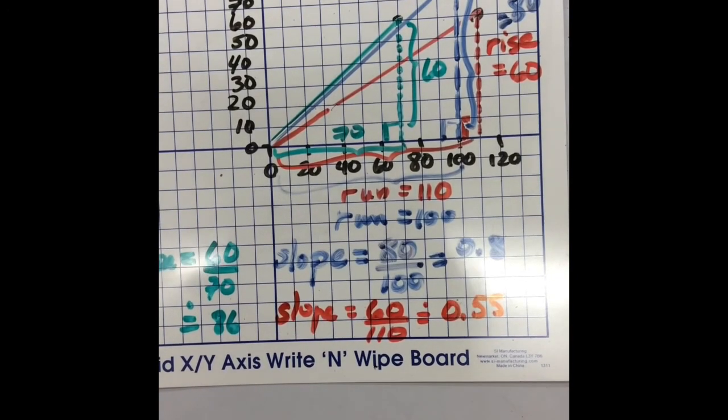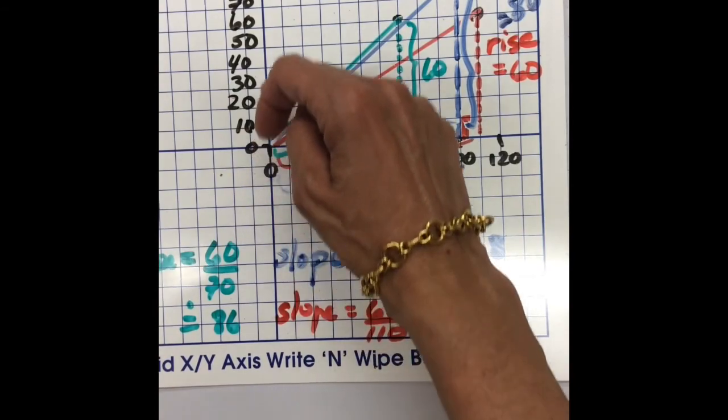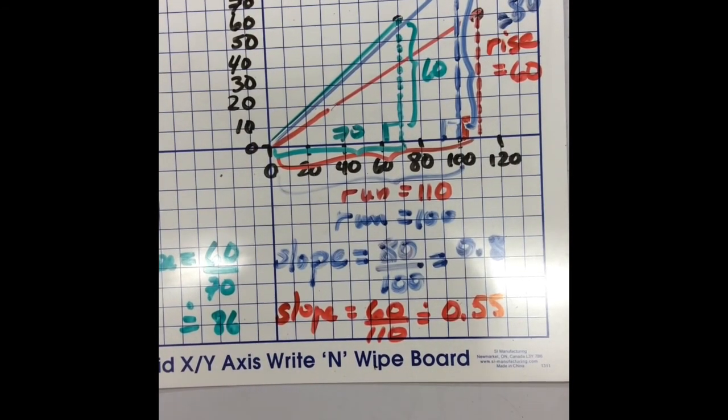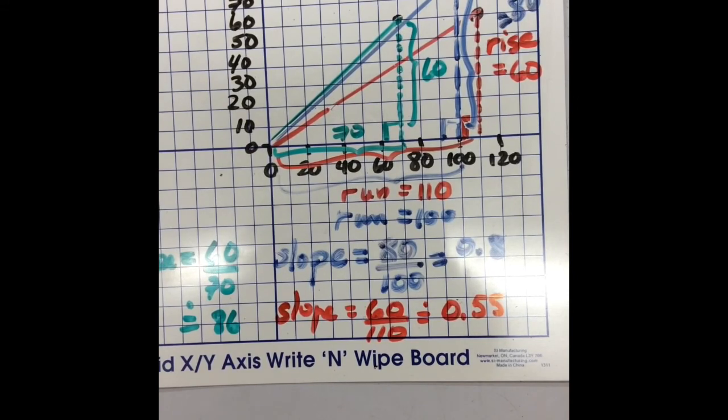Now, this is great to do rise over run on a grid. However, the grid must go up in equal intervals both ways, okay? And so if you don't have it set up like that, where you can't just count the squares and give you the rise over the run, there's got to be another way to do this.